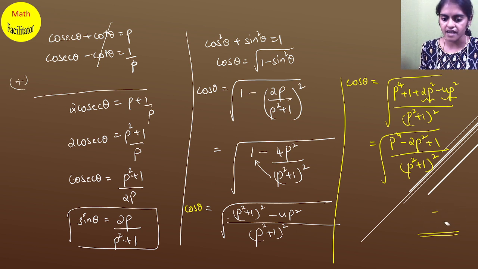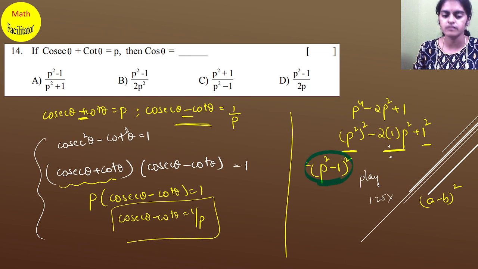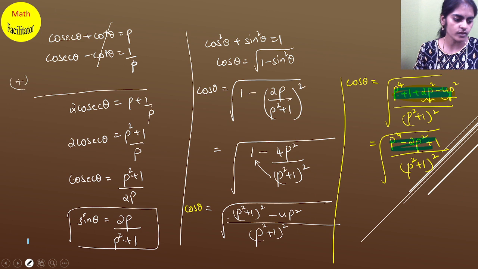Okay. So firstly I have expanded, and I got this one after expanding. Now again, this I can write as P square minus 1 whole square.